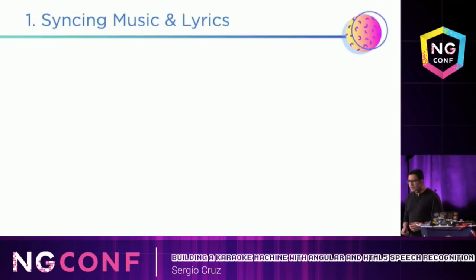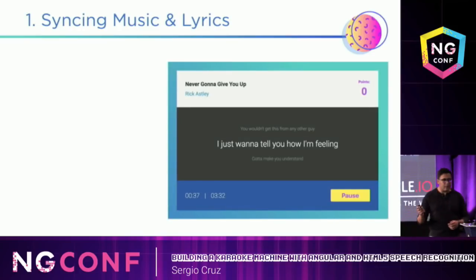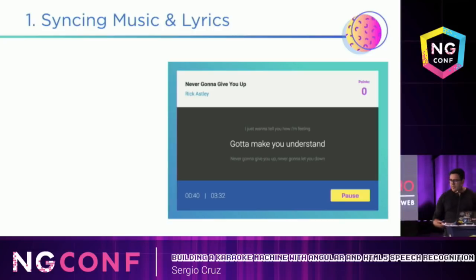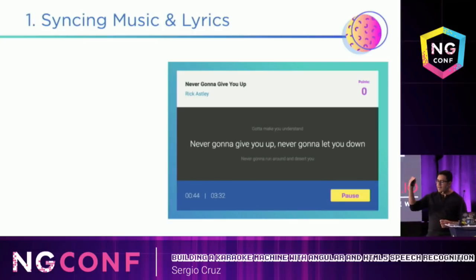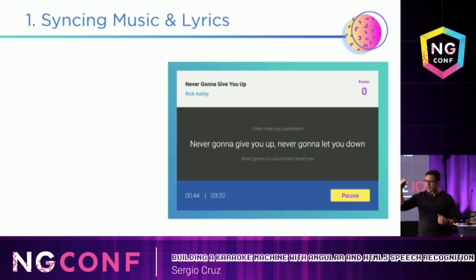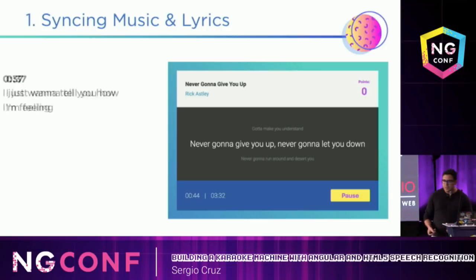Let's get into them. So let's talk about that first step, syncing music and lyrics. You all saw the app works a little bit something like this. When the cue comes up, the right lyric line shows up on the screen. And the way I built this was pretty similar to watching TV with closed captioning or movies with subtitles.